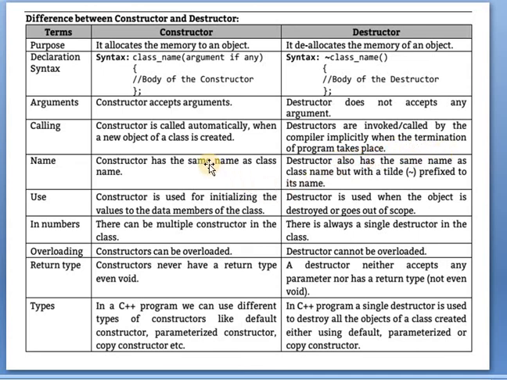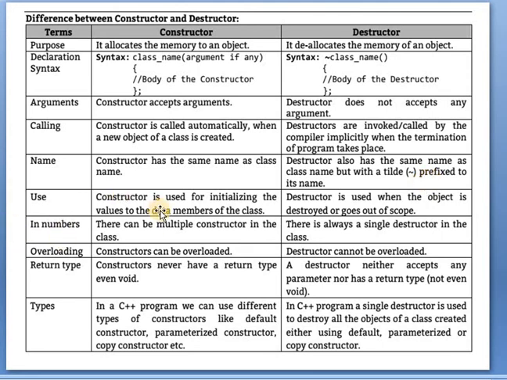The constructor is used at the time of object creation, the destructor is used at the end or termination of the program. Now name: the constructor has the same name as the class name. Again, the destructor has the same name as the class name but preceded by the tilde operator.